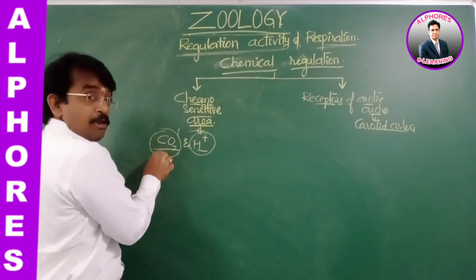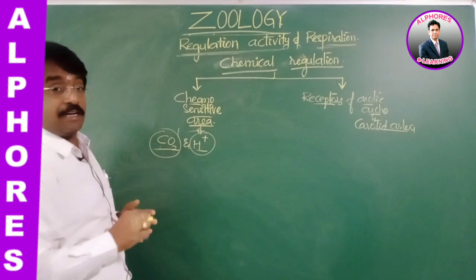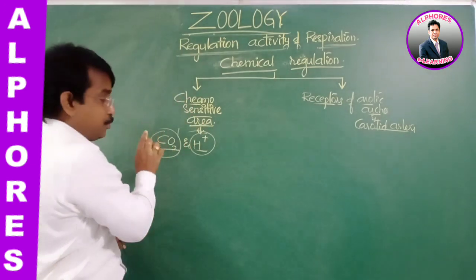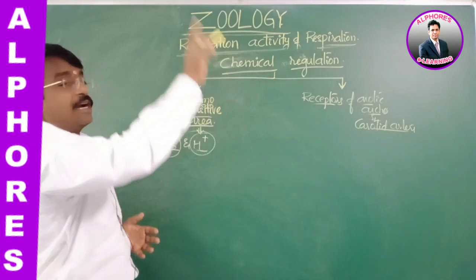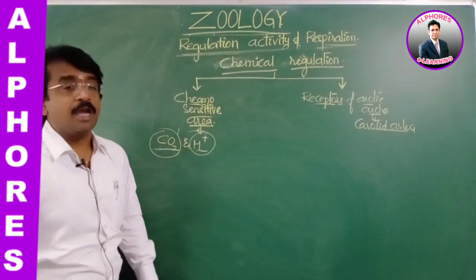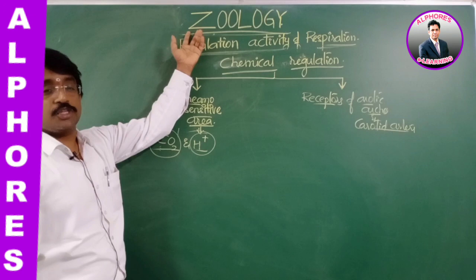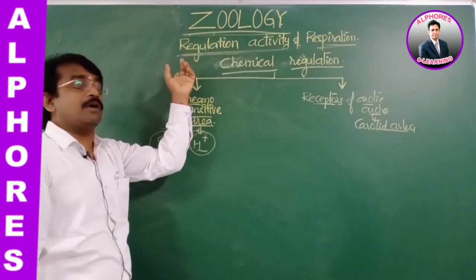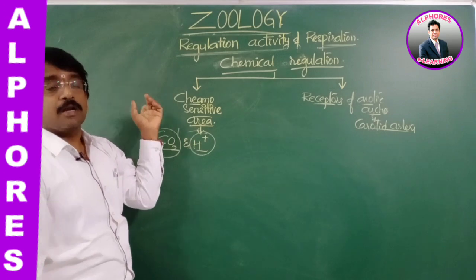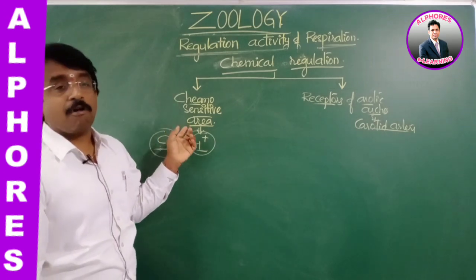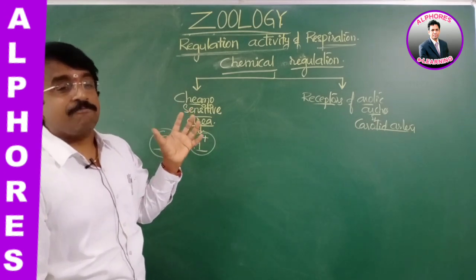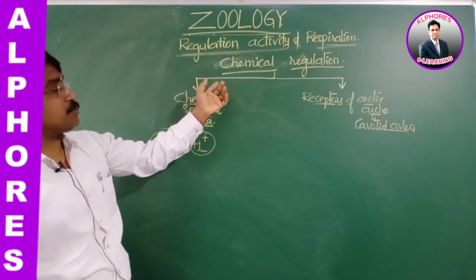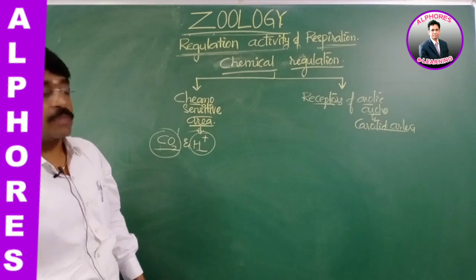So first of all, it is detected by the chemosensitive area, which signals the medulla oblongata, and that in turn signals the ribs as well as the diaphragm. So it forcibly expels the carbon dioxide to the outside. That's chemical regulation.